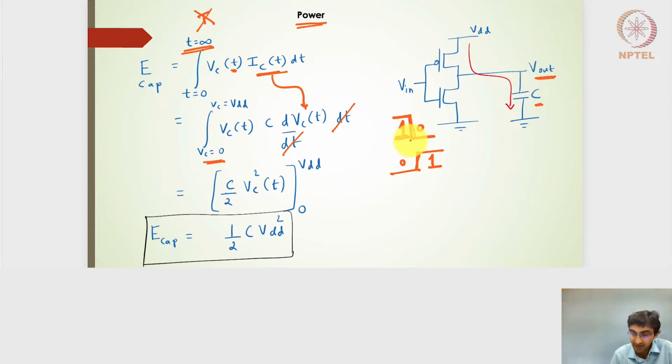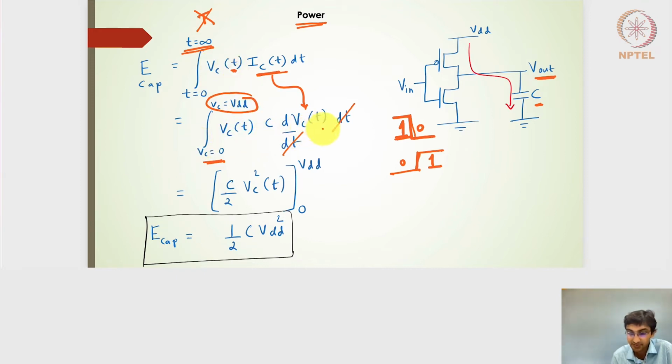The moment the input does a transition from 1 to 0, the PMOS transistor is on, and the capacitor charges through the PMOS transistor. So Vc is equal to 0 when t is equal to 0, and when t is equal to infinite, Vc will be held at a steady state voltage of VDD.